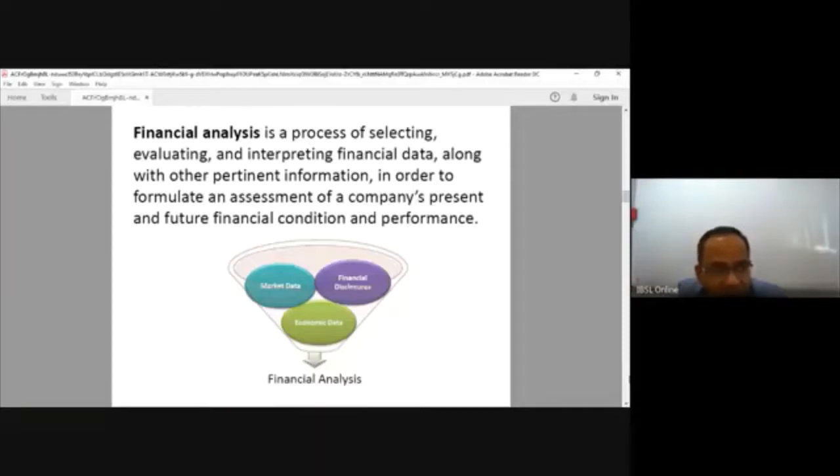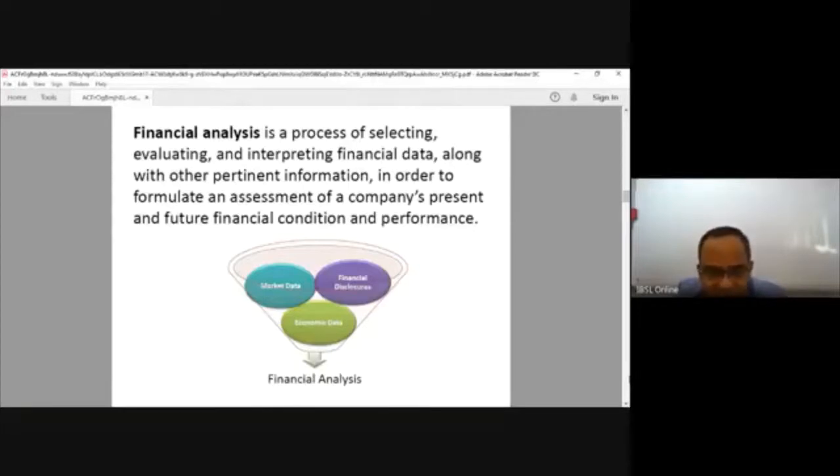Except in the case of some housing loans, where somebody shows employment income and asks for a housing loan, for other business purposes you need to know whether that business is viable. For that, financial analysis is a very important tool. Theoretically, we say it is a process of selecting, evaluating, and interpreting financial data.